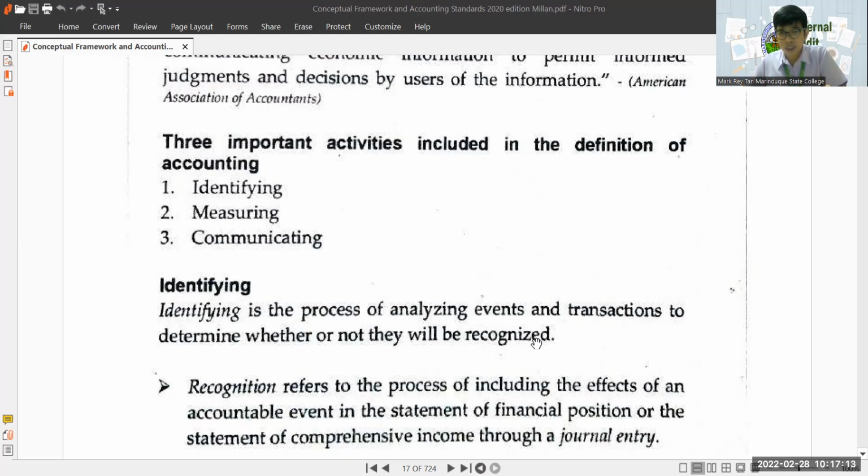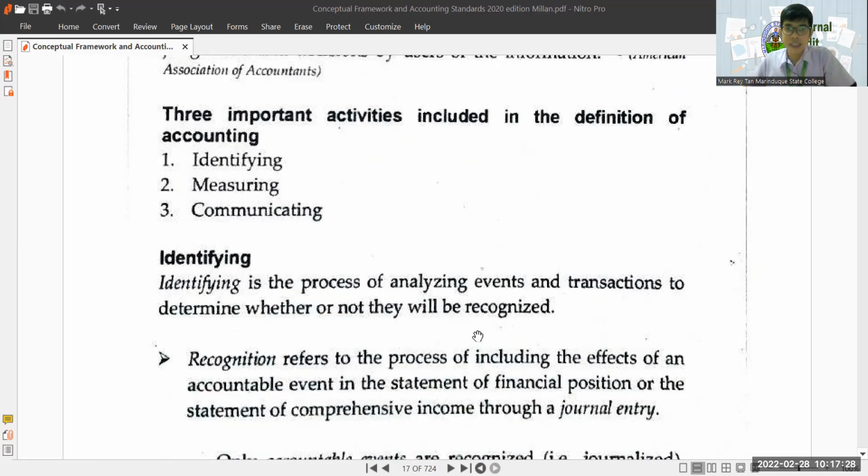Pag sinabi natin recognize, this is the part of the process in which the transaction is being recorded or journalized. In Tagalog, inaalam natin or ina-analyze yung mga events or transactions kung sila ba ay i-record sa journal. Pwede nyo siyang lagyan ng note na journalize.